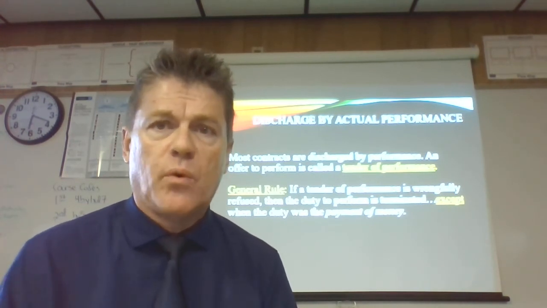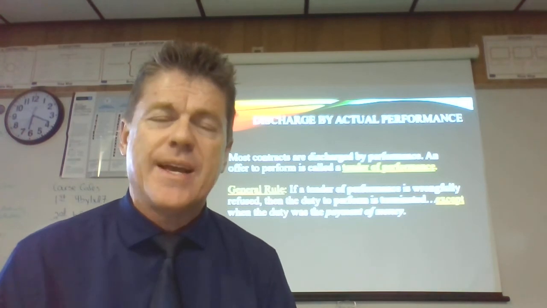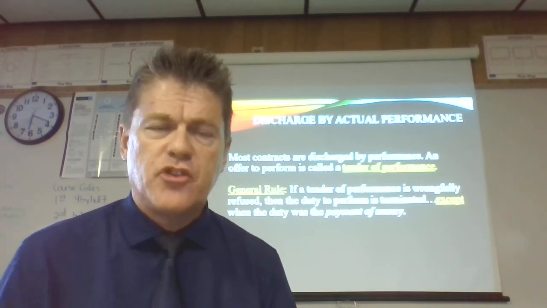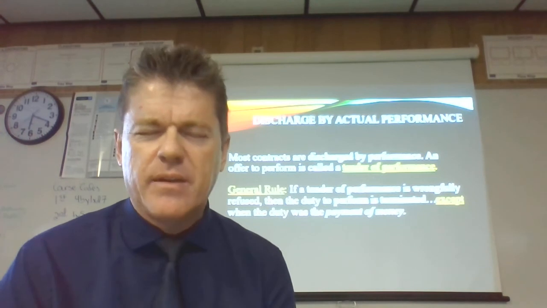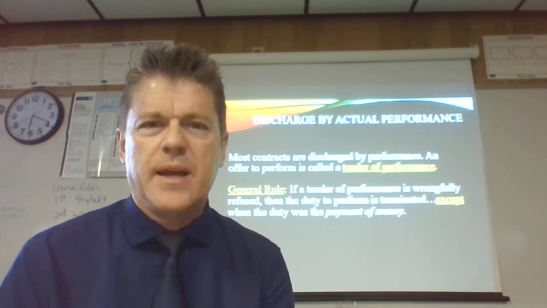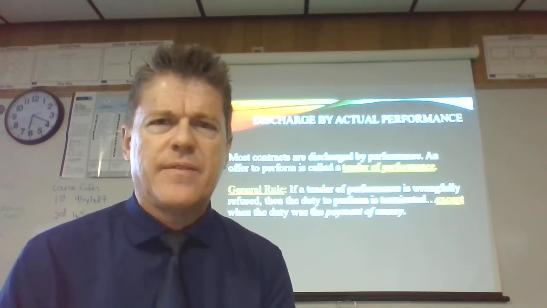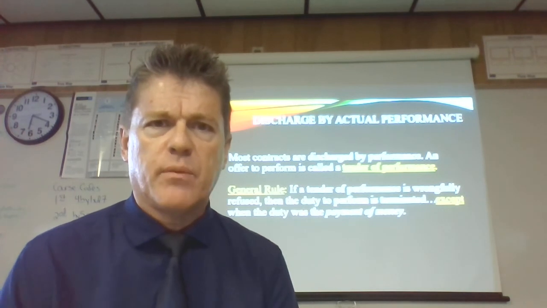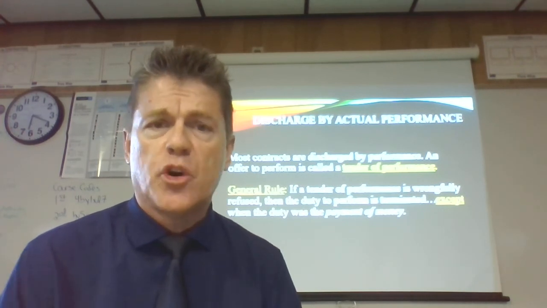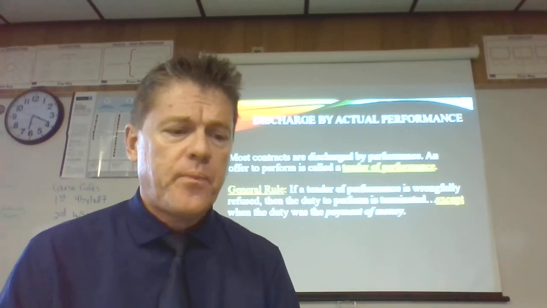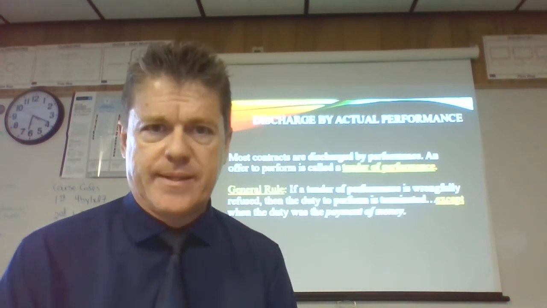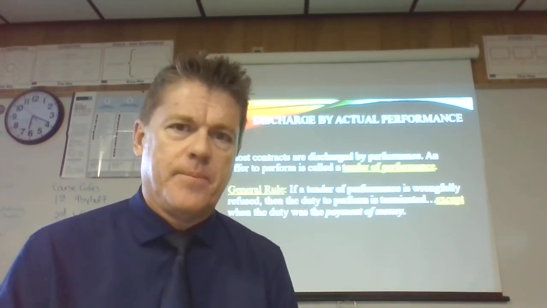An offer to perform is referred to as a tender of performance. The general rule, and it can vary depending on the type of contract and the state that you're in, is that if a tender of performance is wrongfully refused, then the duty to perform is terminated.